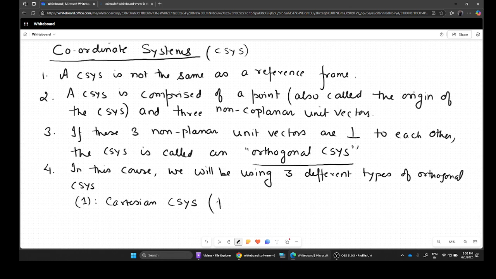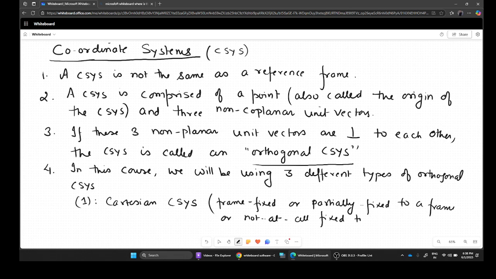Now a Cartesian coordinate system can be frame fixed, or partially fixed to a frame, or not at all fixed to the frame in context.